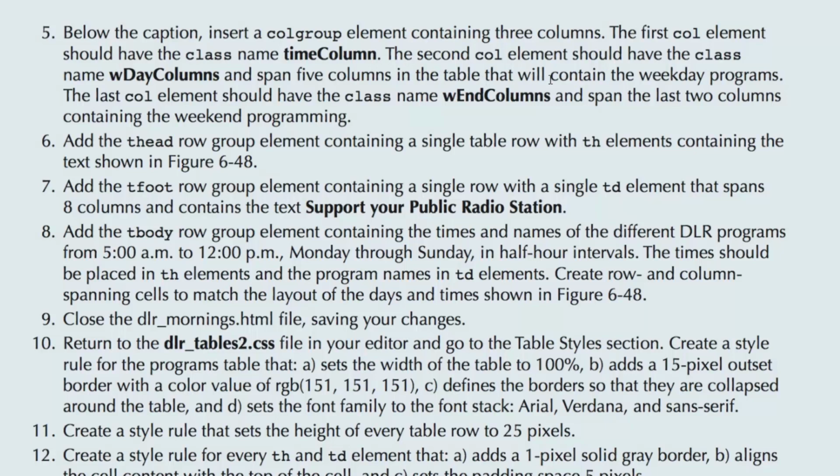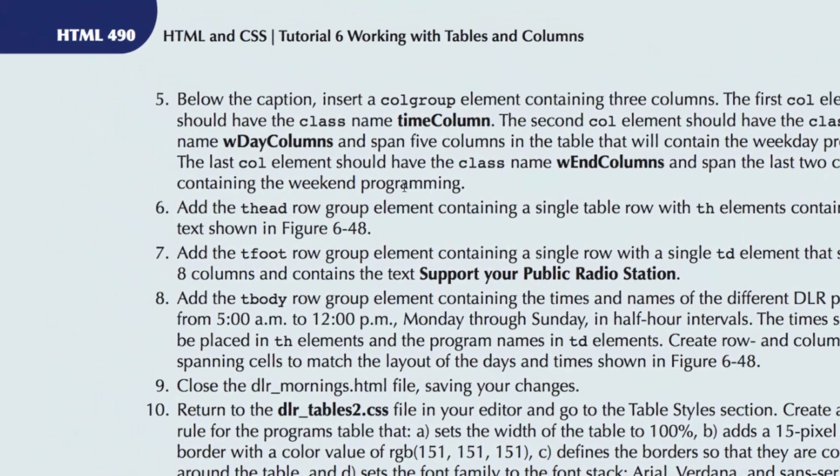And that'll be the grouping that'll contain the weekday programs. And then the last col element should have the class name of weekend columns, and that'll span the last two columns that'll contain the weekend programming.